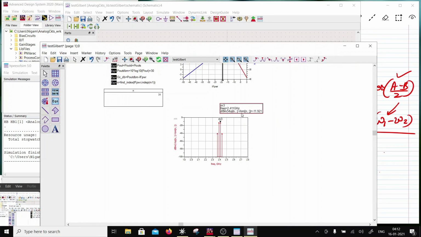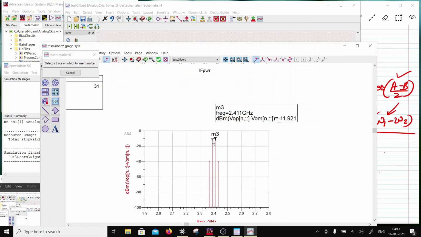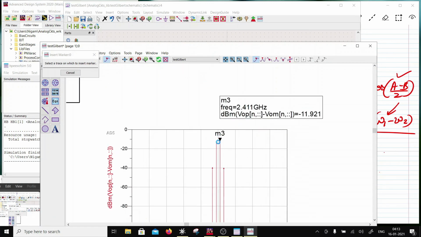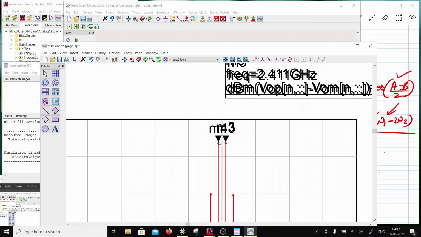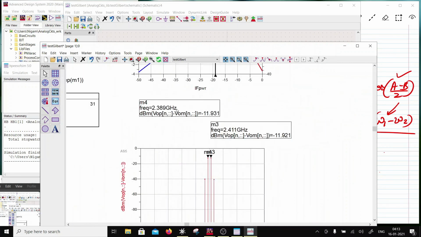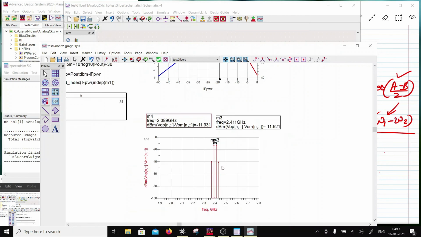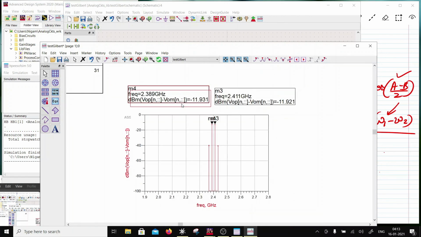Okay, so now new, so you are looking at up conversion. So 1 will be 1 plus 1, right, the mixed component, and marker new. So this will be the sum frequency, this will be the difference frequency. Okay, one is the sum frequency, other is the difference frequency.